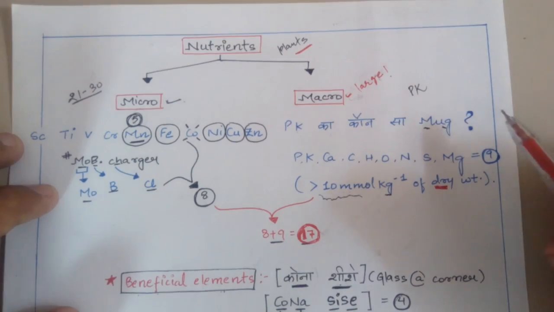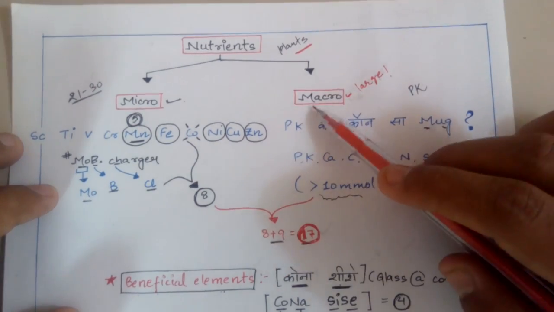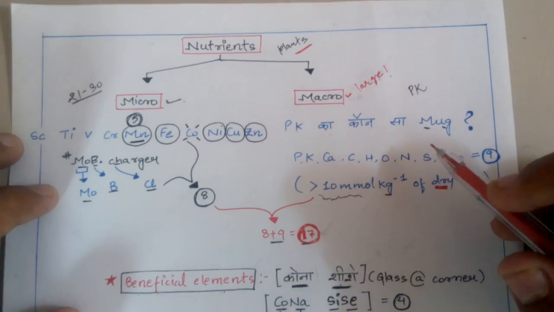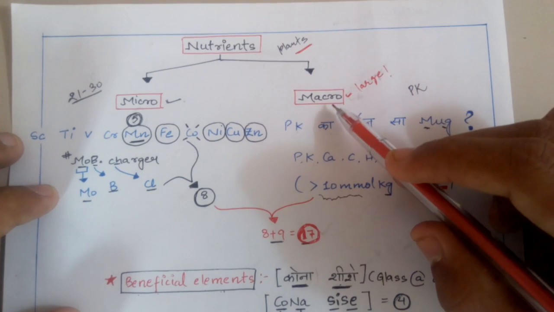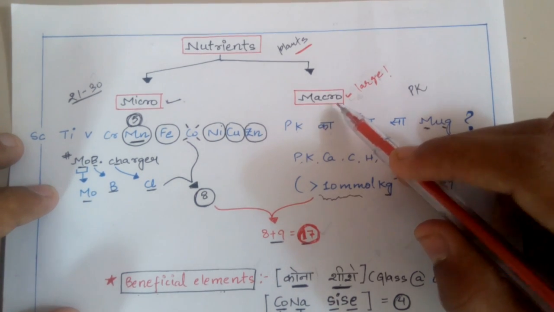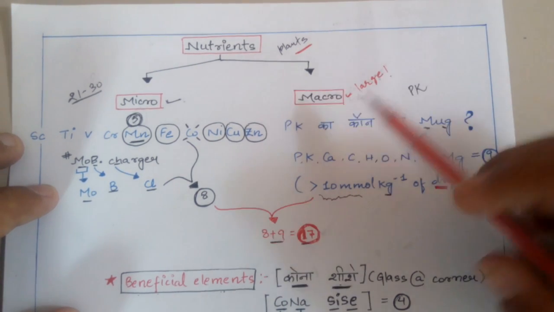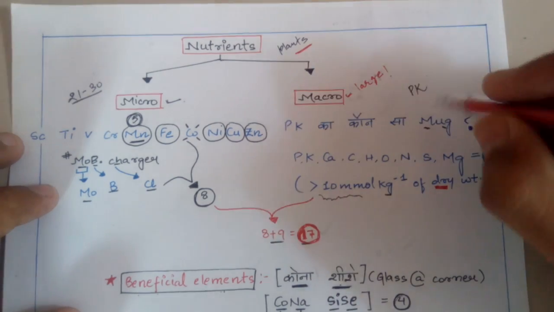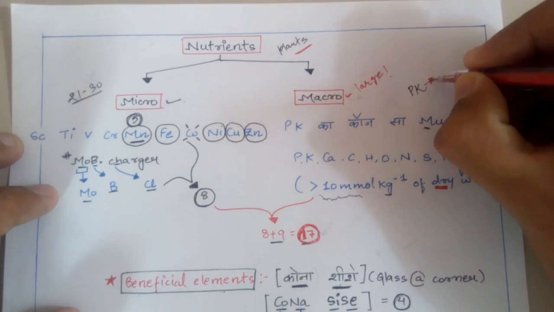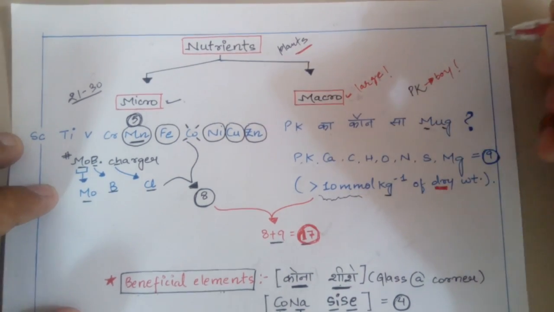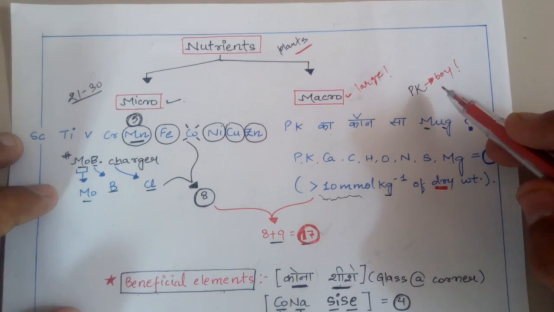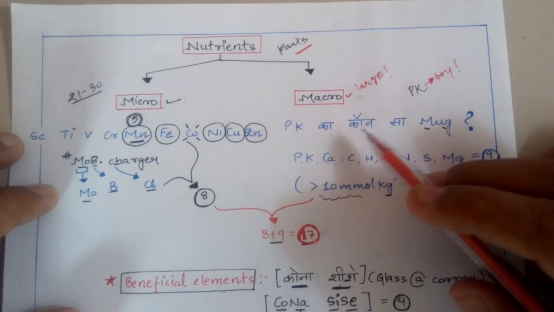So what are the different kinds of examples of macronutrients and micronutrients? The examples of macronutrients can easily be understood by a very simple trick, that is "PK ka kaun sa mug". PK is a boy who is going to drink milk but he has many mugs. So his mom is asking, PK ka kaun sa mug.